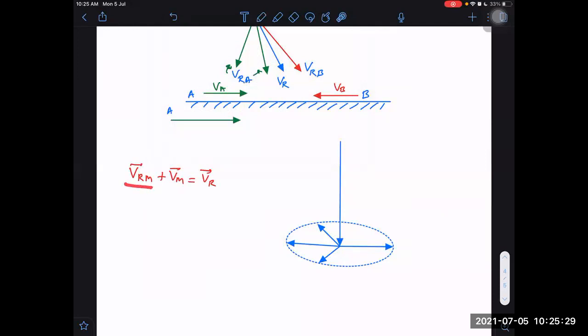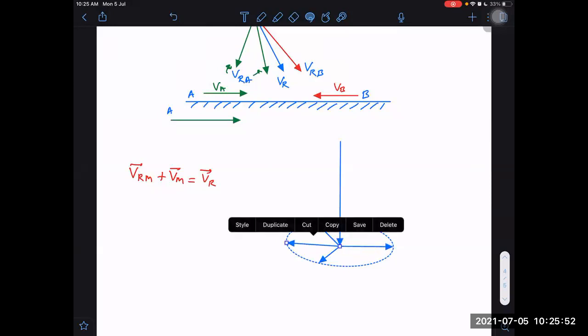Rain with respect to man and man should be in same order, but velocity of rain should be in opposite order to the velocity of man. Velocity of rain should be in opposite order, right or not?